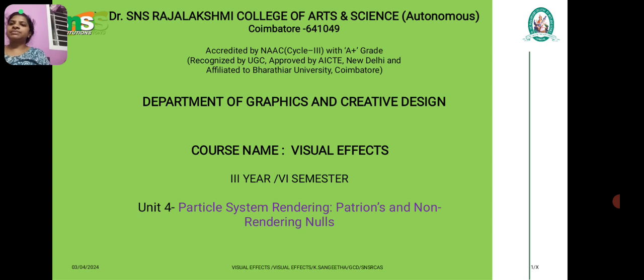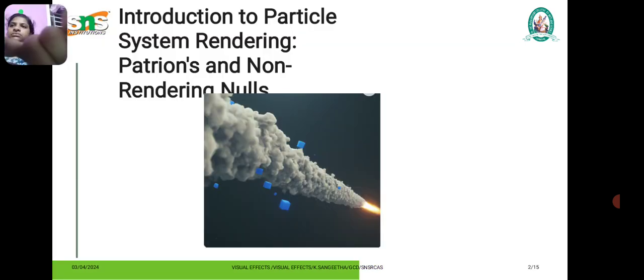Here I am going to explain about particle system rendering, patterns and non-rendering nulls. In visual effects, particle systems are used to create a variety of effects like smoke, fire, explosions and even a swarm of insects.